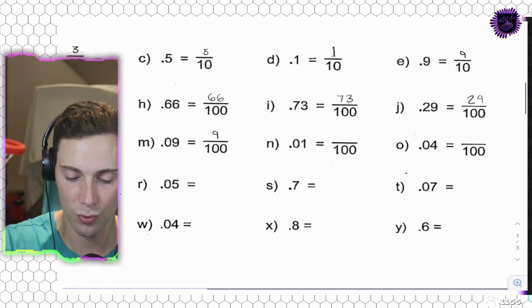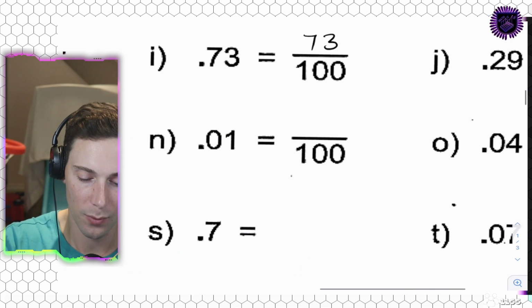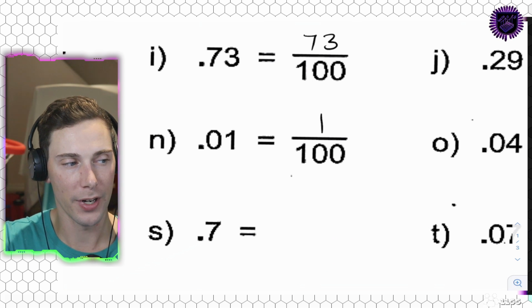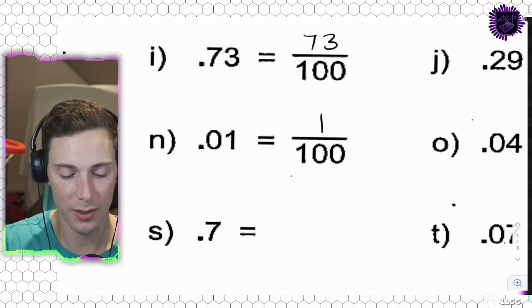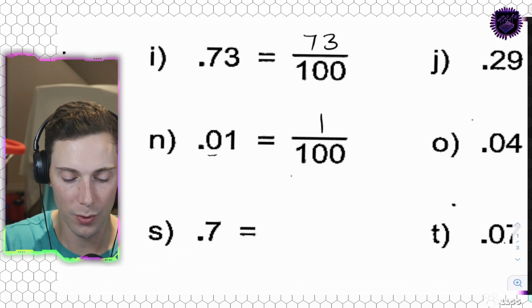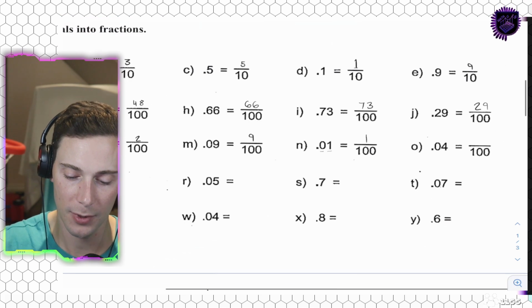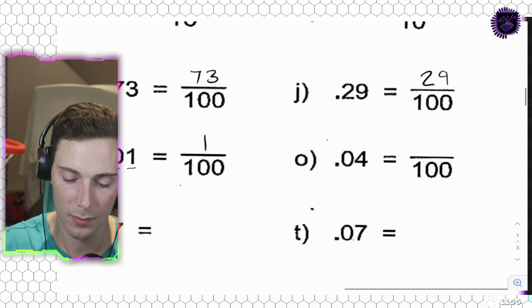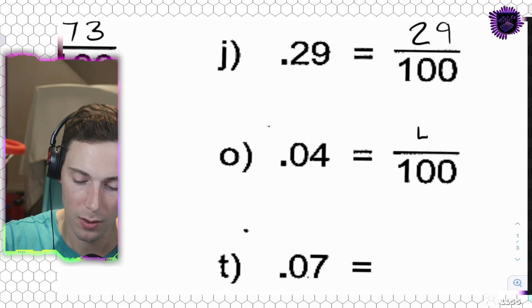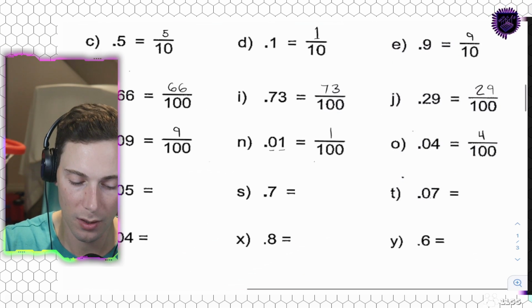It's like they're trying to trick us. 1 over 100. Right, as simple as the hundredths place value, and then 4 over 100.